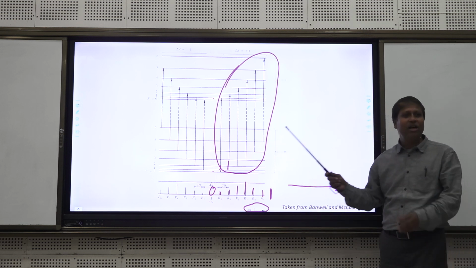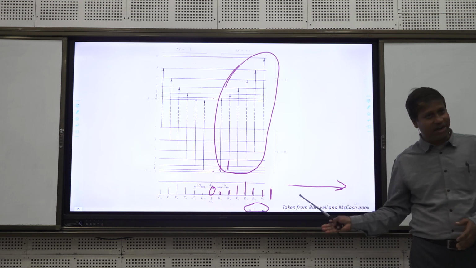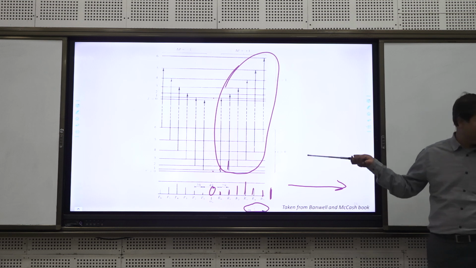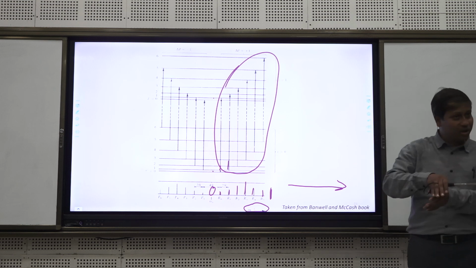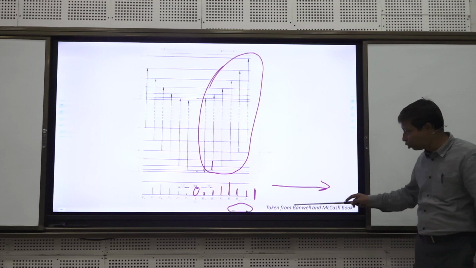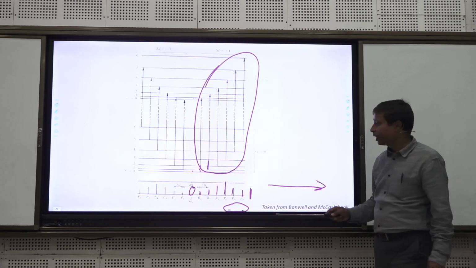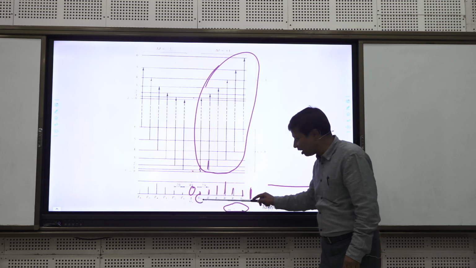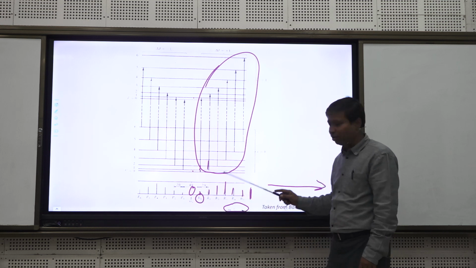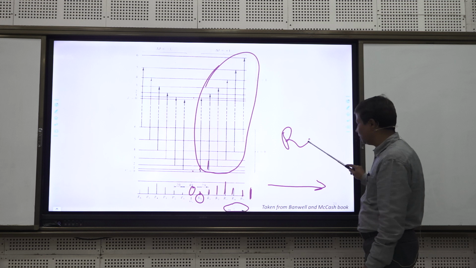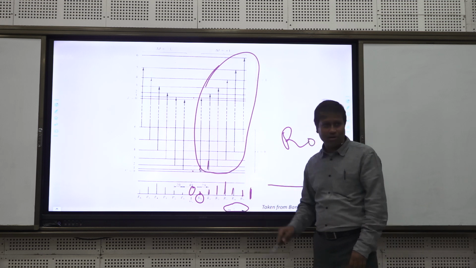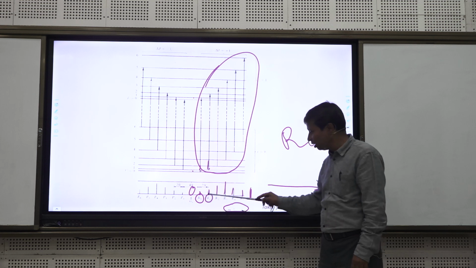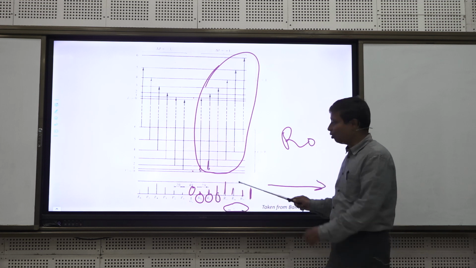Think of right side, R, provided you are plotting it like this. In some books it will be just the opposite. So this is the R branch. Then how does the naming happen? R0, why 0? Because it starts from 0. The next one starts from 1, so it is R1, R2, R3. Now this is the P branch.